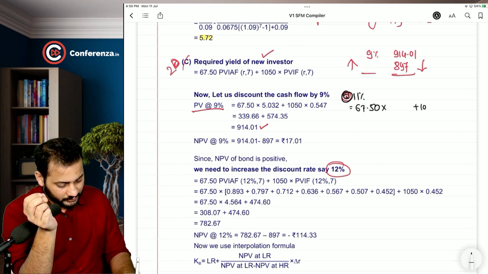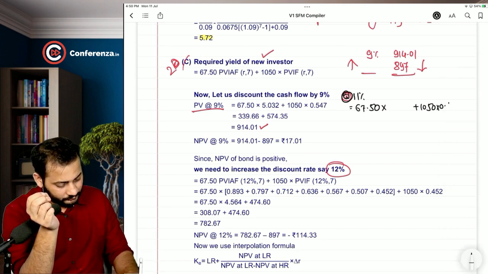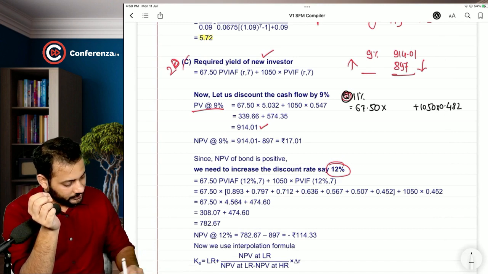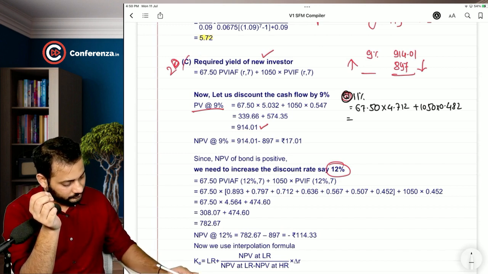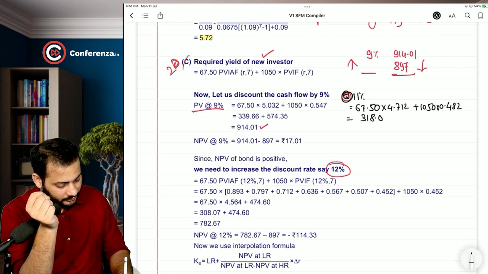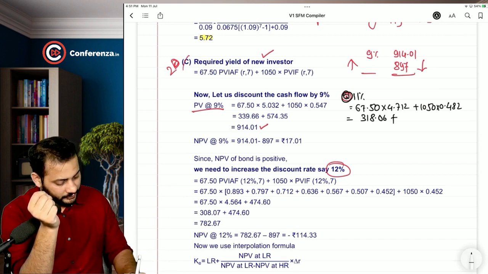So 67.50 into plus 1050 into 0.482. PVAF 4.712. 67.50 into 4.712, 318.06 plus 506.1.